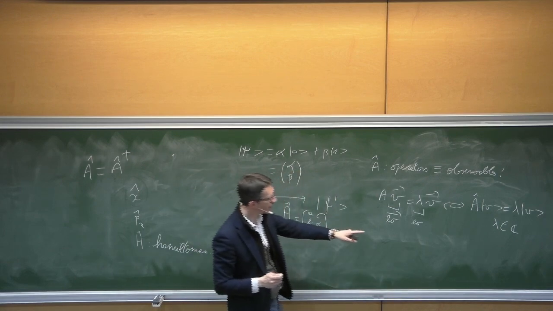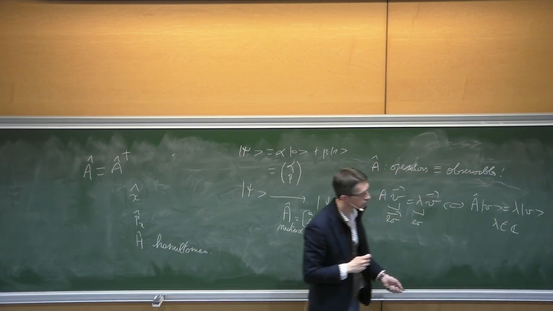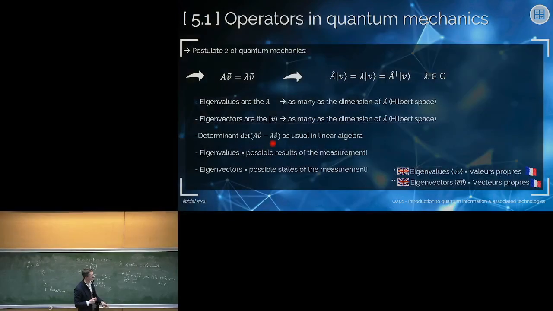So how do we find V and lambda? Well, I can use the classical way in linear algebra, finding the determinant of AV minus lambda V. And I would find the eigenvalues and the eigenvectors, except that now these eigenvalues and eigenvectors have a physical meaning, which is that the eigenvalues are the possible results of the measurement, potentially what I'm going to measure, and the eigenvectors are the possible states of the system after my measurement.